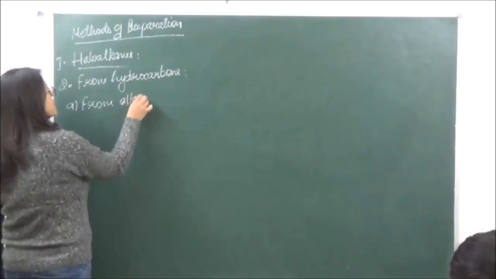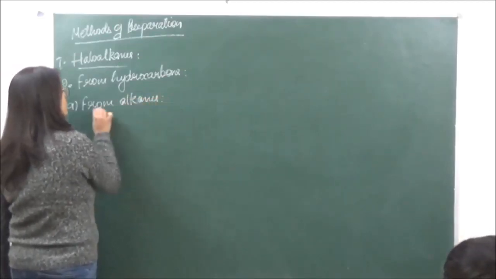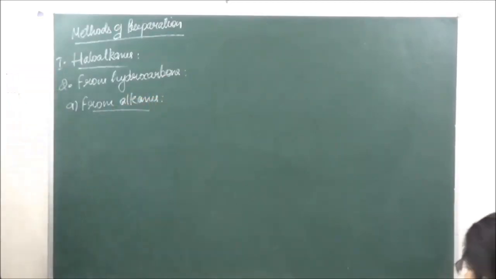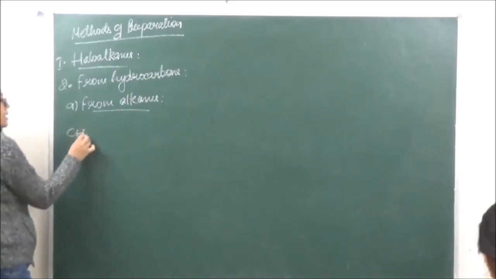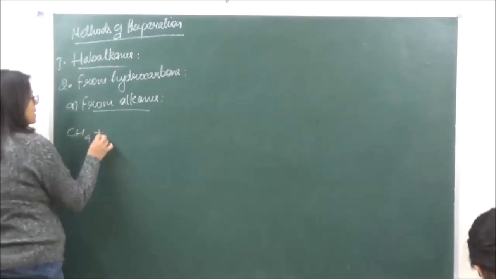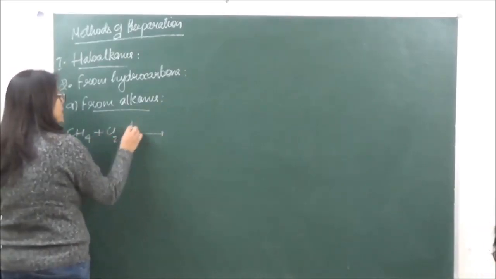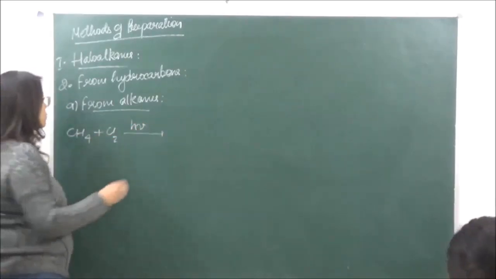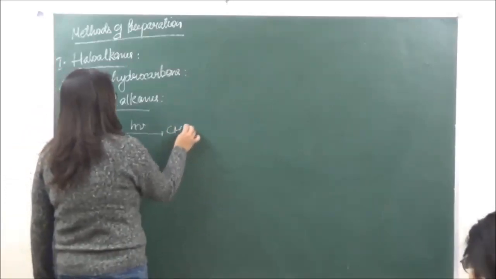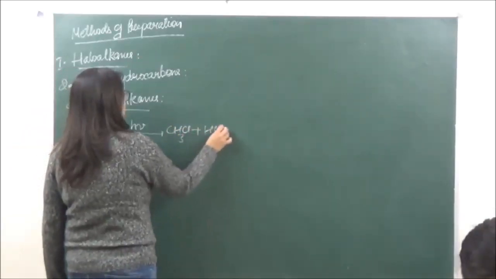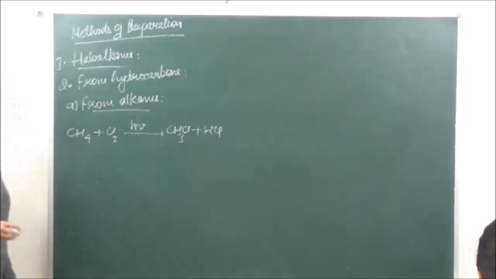In this case, there is a free radical substitution which is going to take place. Okay, so generally the reaction is CH4 plus Cl2 in presence of light. This is going to give us CH3Cl plus HCl.